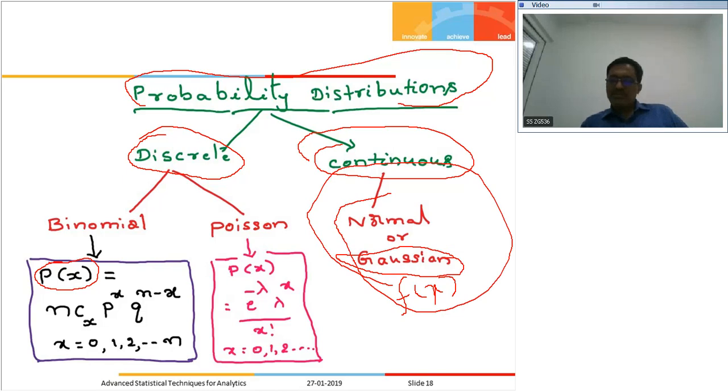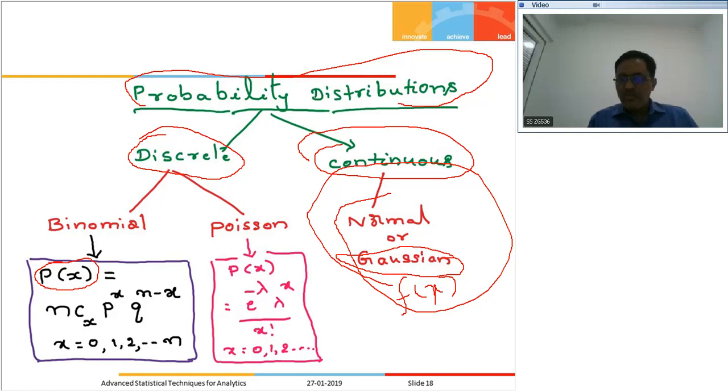Okay. So now it is clear, depending on p of x, there are various distributions. There are many, and we took the most useful, most frequently used distributions. One is binomial.